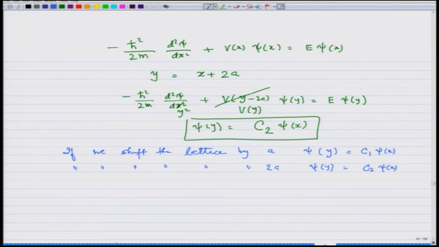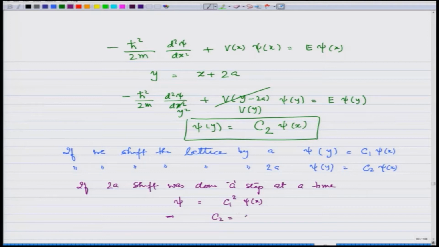Now, think of this, that if I shifted the lattice one step at a time, if the 2a shift was done a step at a time, then I would have gotten psi in the second case to be C 1 square psi(x), and this implies that C 2 is equal to C 1 square. That is conclusion number 1.